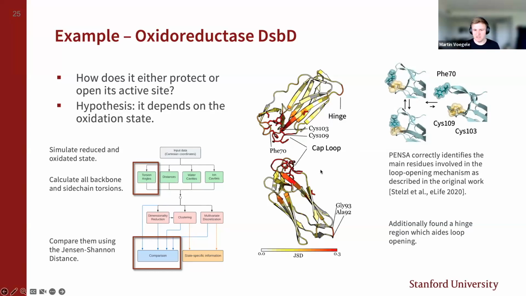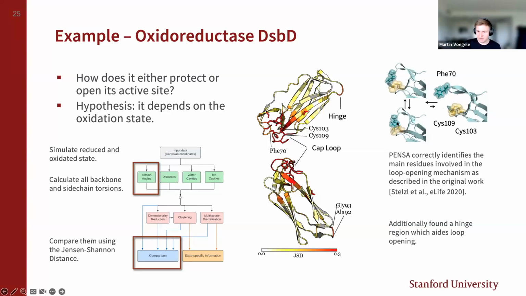And then we can immediately see, if we plot this on the original structure, that the differences will be mainly in this region where the cysteines are, which is trivial, but then also in the region opposed to it, in this cap loop, and we correctly identified this phenylalanine to be the main residue involved in the process.